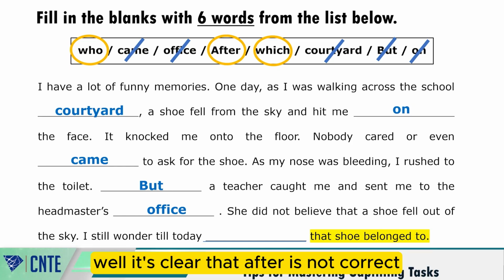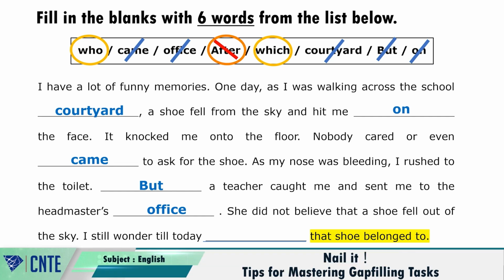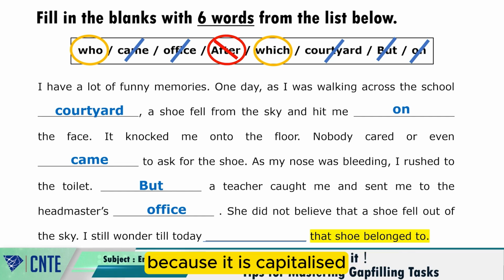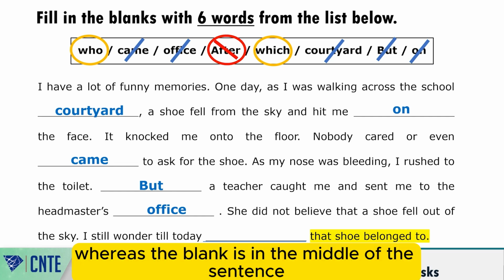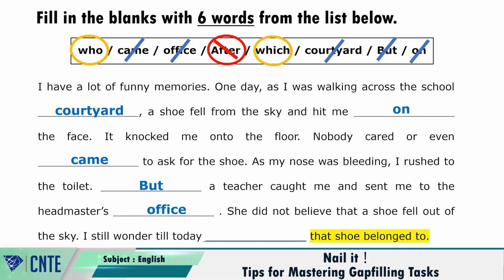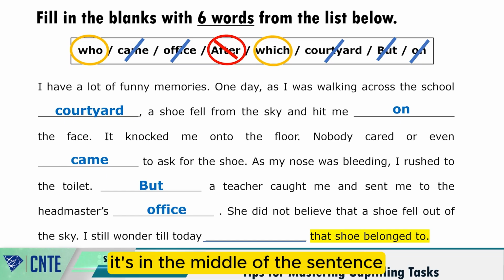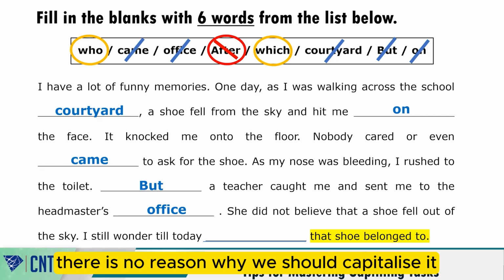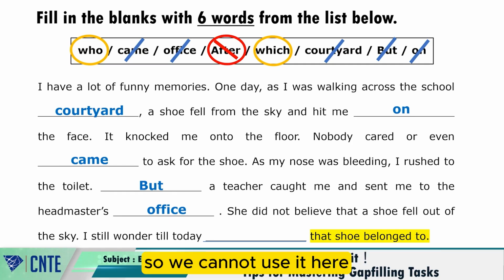Well, it's clear that after is not correct because it is capitalized, whereas the blank is in the middle of the sentence, and the word after mustn't be capitalized. It's in the middle of the sentence. It's not a name, a nationality, a day, or a language. I mean that there is no reason why we should capitalize it. So, we cannot use it here.